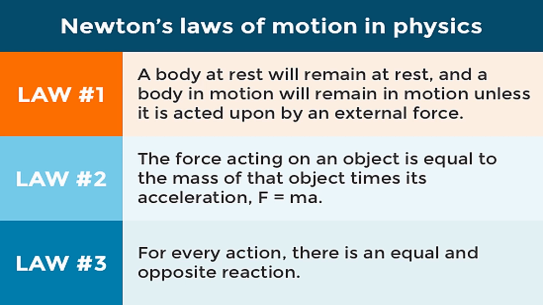In law number 2, or law of acceleration, the force acting on an object is equal to the mass of that object times its acceleration. While the last law of motion in physics, which is the law of action and reaction, or the law of interaction, for every action, there is an equal and opposite reaction. So, those are the summary of the laws of motion according to Isaac Newton.